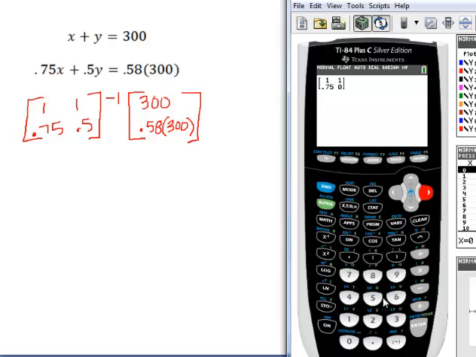Scroll over and 0.5. I got two points in there somehow. 0.5. And then get out on the outside of it. Once you're on the outside, you want to hit this button right here, which is the inverse button. That's going to put that little -1 up there, which is what you want to have.